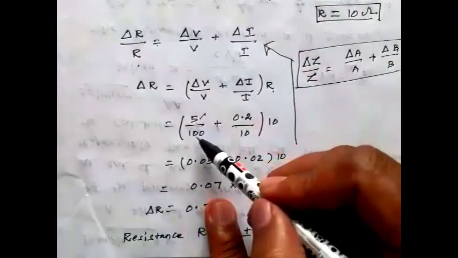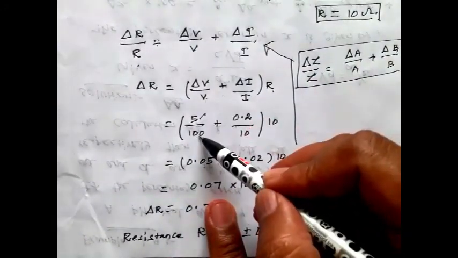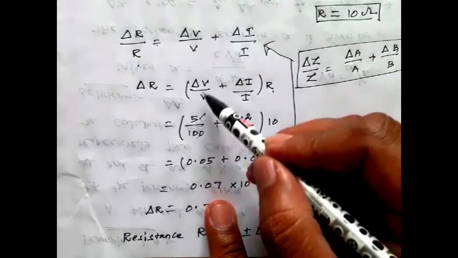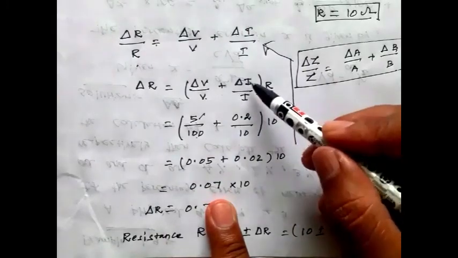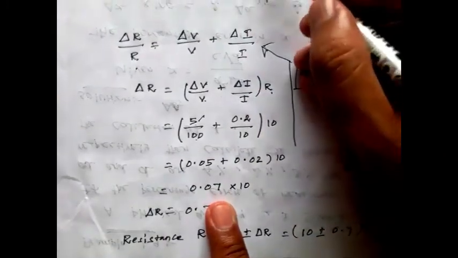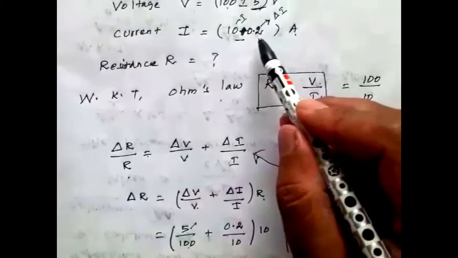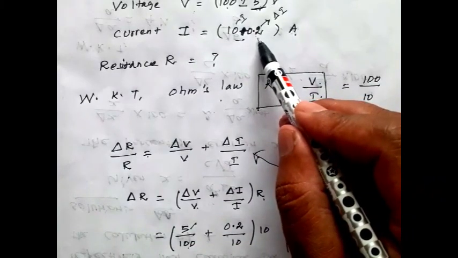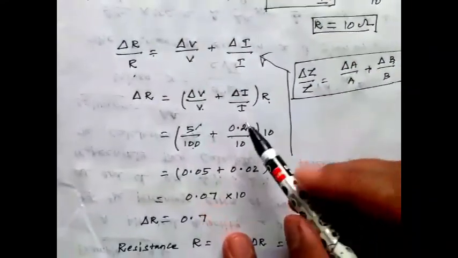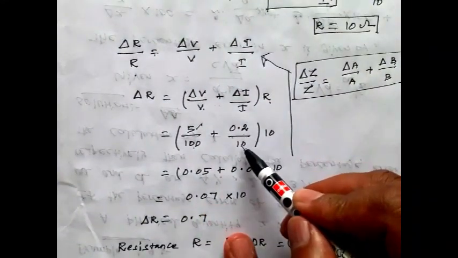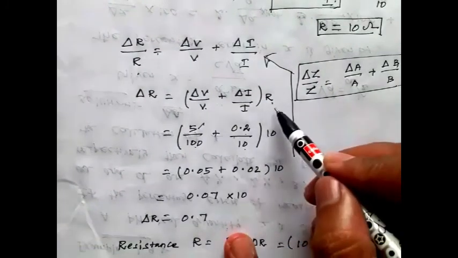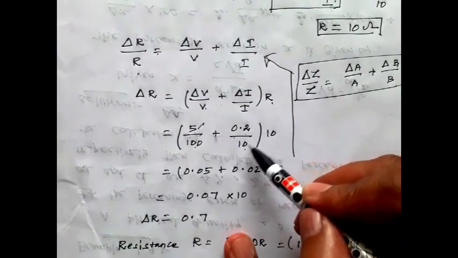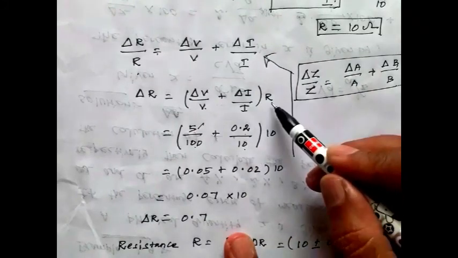Replace the V value. 5 by 100 is the del V by V value, as well as del I by I. What is the del I value? Already you know, it is 0.2 ampere. What is del I? It's the absolute error of current. That is 0.2 by 10. This one is the del I by I value, into what is R?